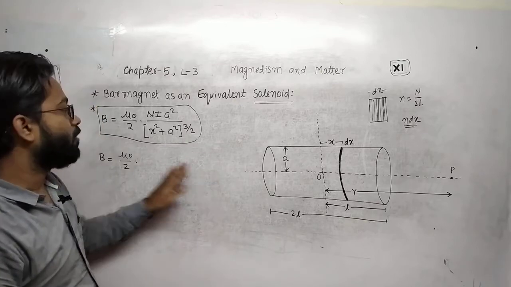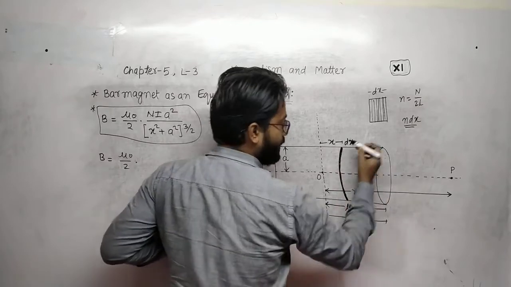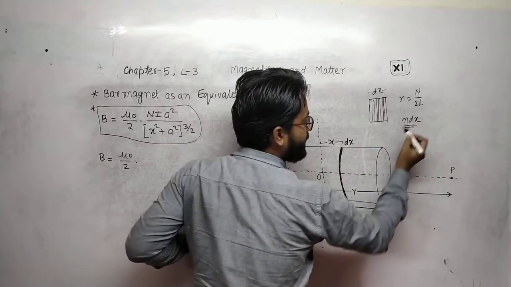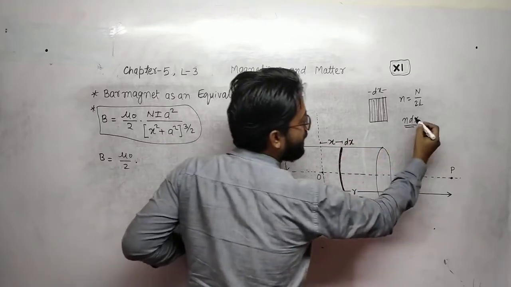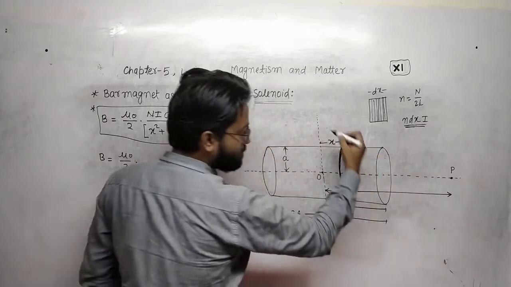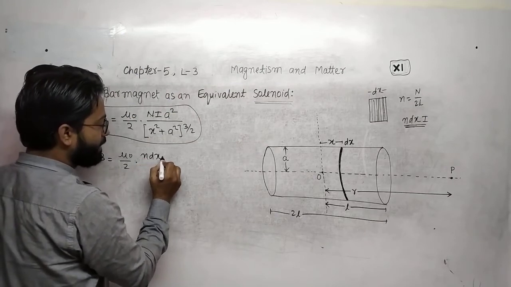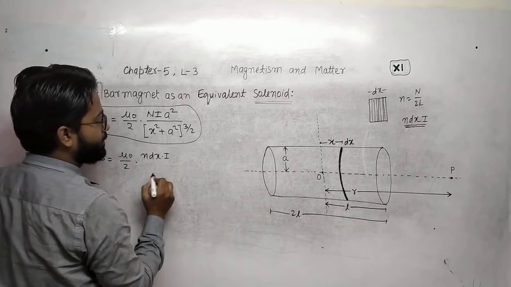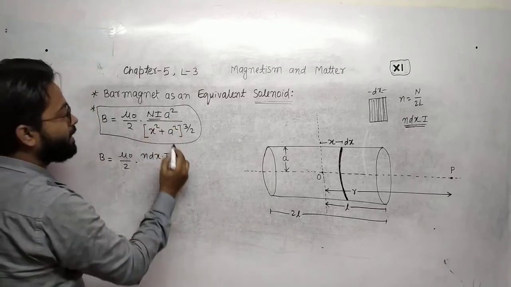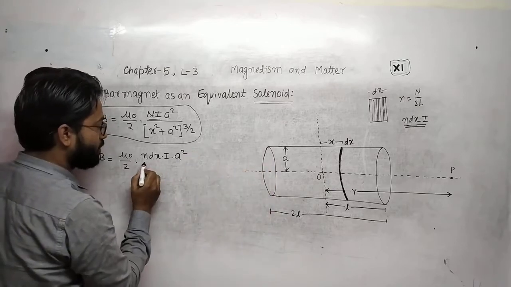Here the number of turns in the dx thickness is n dx, and the current will be n dx into I, means total current in this coil will be n dx into I, in place of Ni. A square stays A square because the radius of the solenoid is also A.